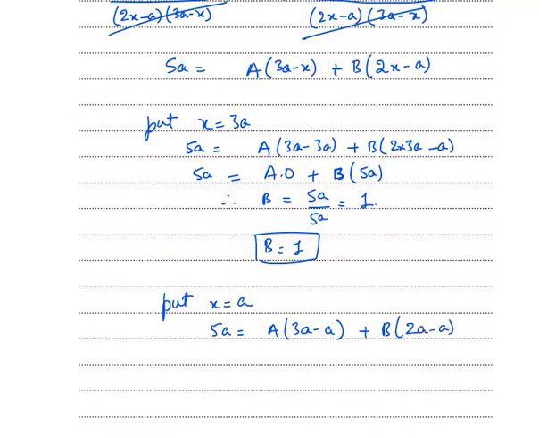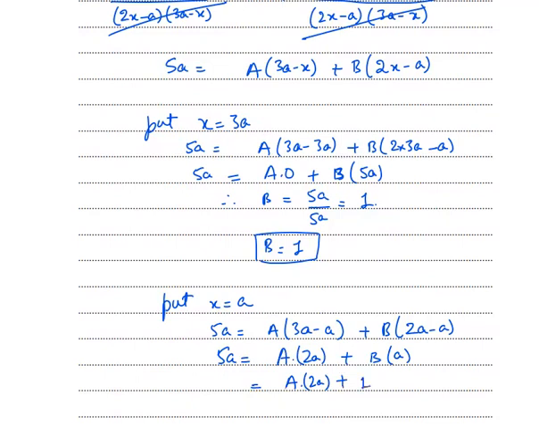All right. So from here, what we will get is 5a, 3a minus a is 2a plus b into a. 2a minus a is a. Now we know the value of b as 1. So we finally get a into 2a plus b is 1.